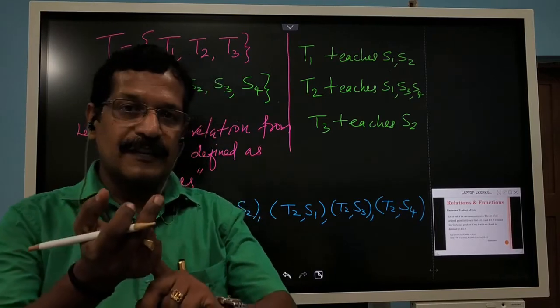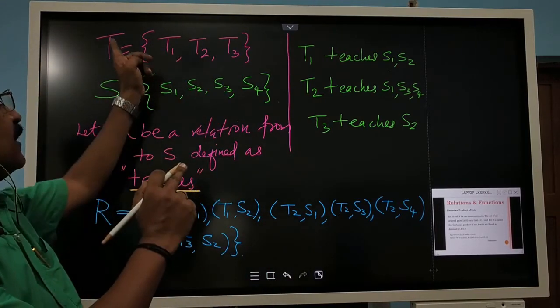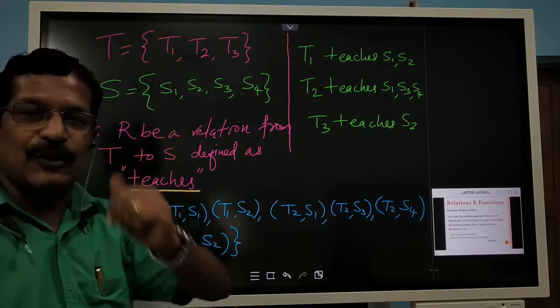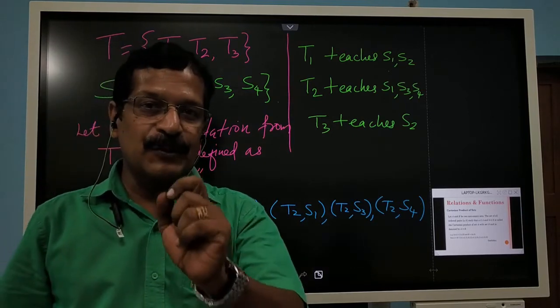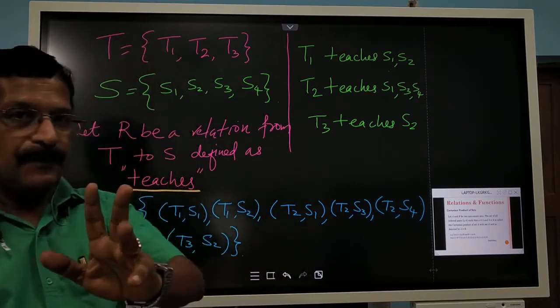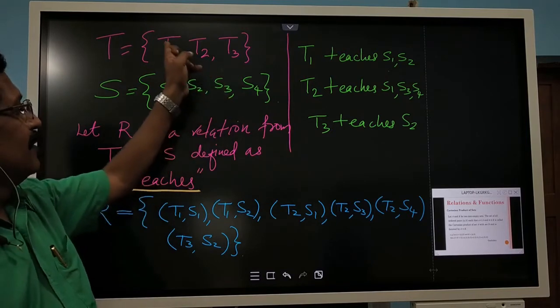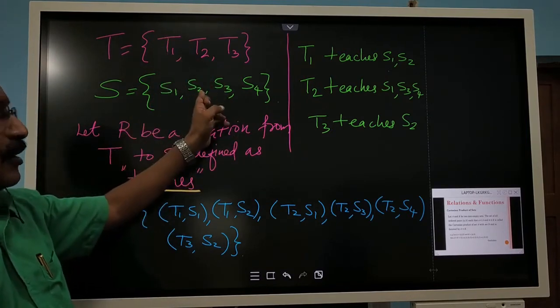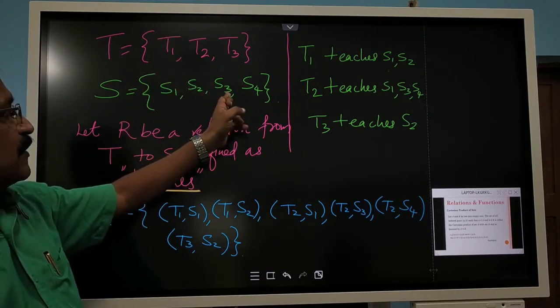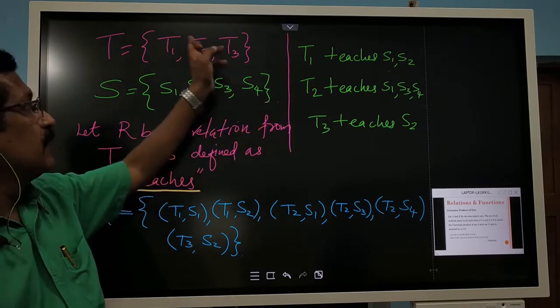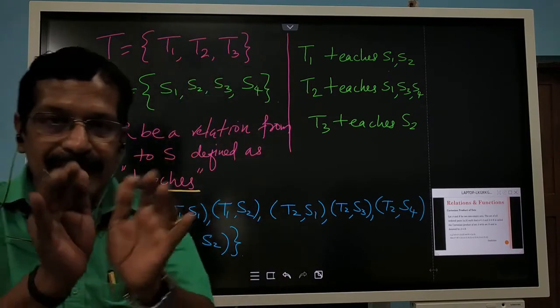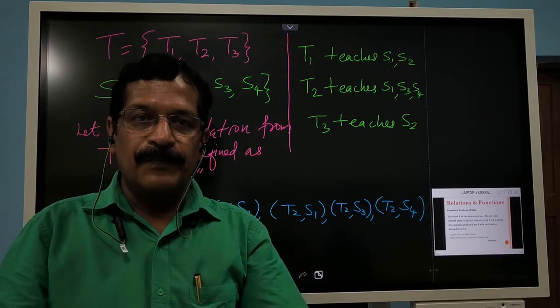Let us think about the Cartesian product of T and S, T cross S. The Cartesian product of T cross S will be, everybody knows this, ordered pairs (T1, S1), (T1, S2), (T1, S3), (T1, S4), same way T2, same way T3. So we are getting a collection of ordered pairs.